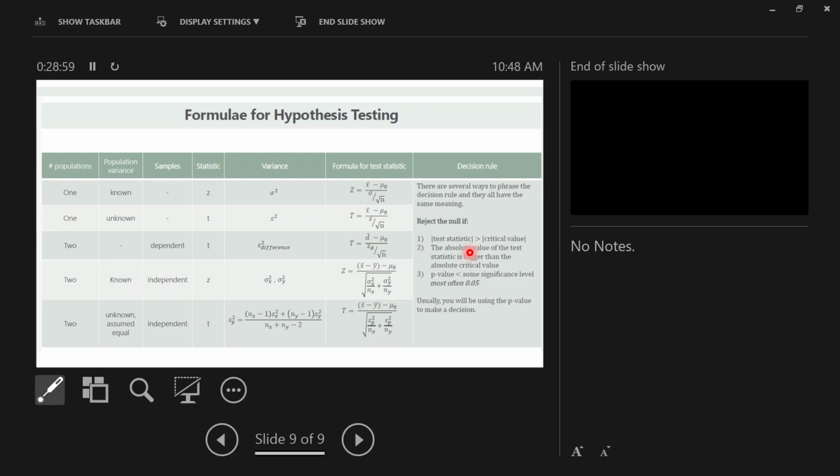As it becomes larger, it will automatically go beyond the critical value. And we see that if it becomes more than the critical value, you reject the null hypothesis. Because when you are doing your study, your objective or your prayer is that you reject the null hypothesis. Because if you don't reject it, it means your study has failed. I don't know if you are getting the concept.